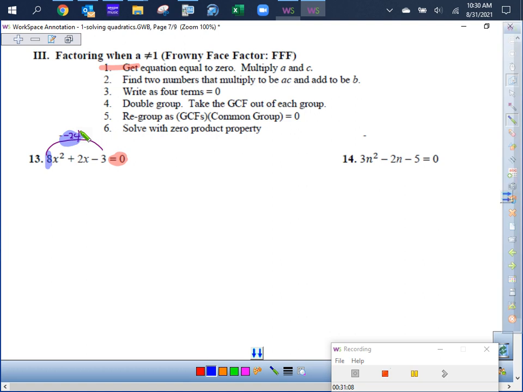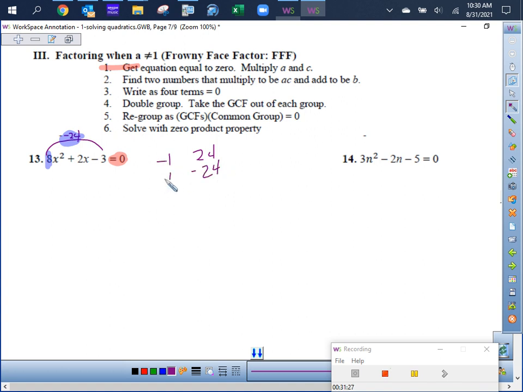They multiply together negative. Positive. But together to be 2. So let's do it. 24. 2. 2 and what?